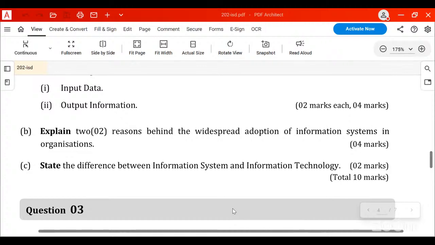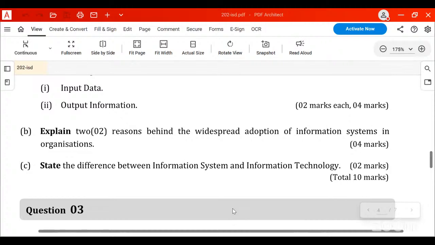The next question is question 2. Difference between information system and information technology. I have clearly explained this in the study pack. IS refers to the system designed to manage and process data for decision making. As an example, we can say ERP, Enterprise Resource Planning system.